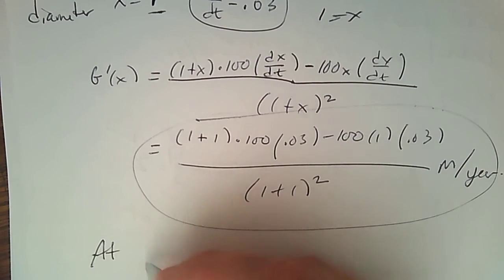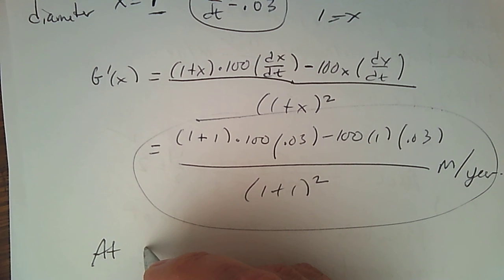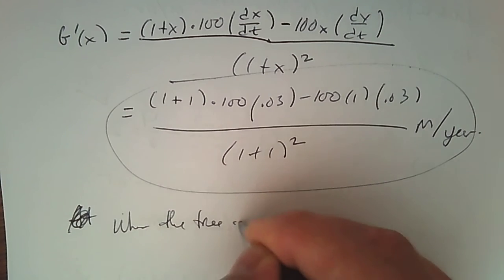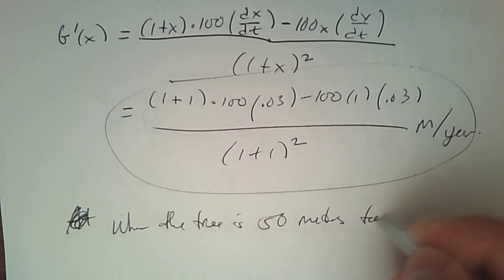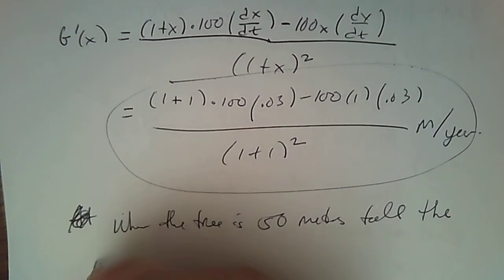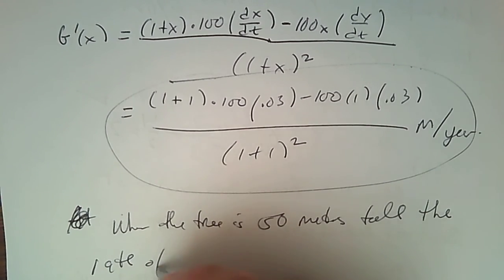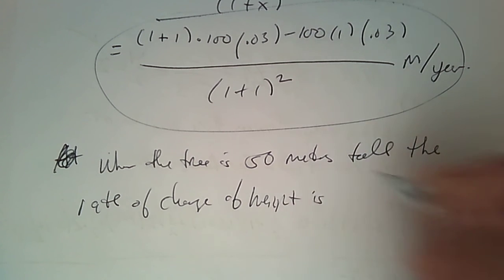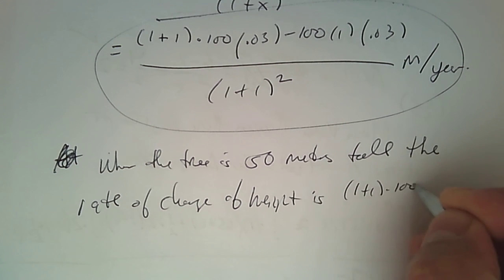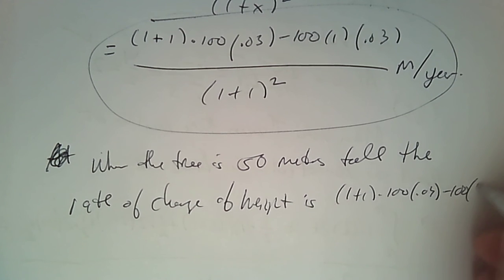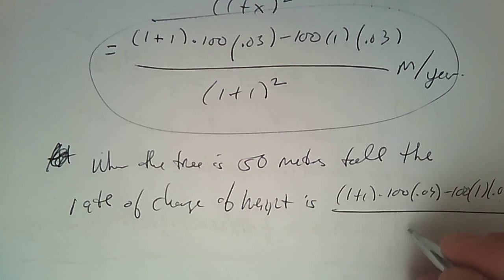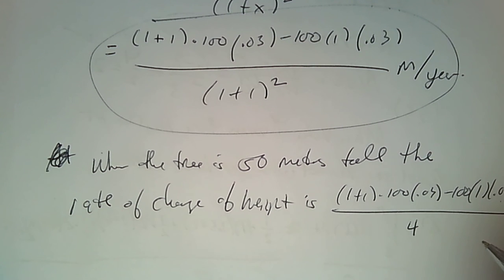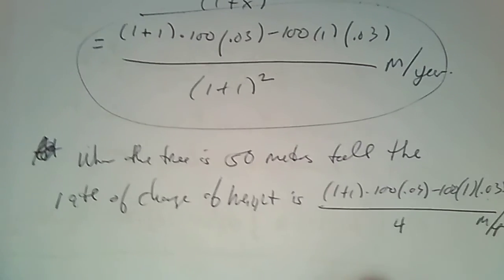So this is actually when the tree is 50 meters tall, the rate of change of height is, and then you could just write that all in, 1 plus 1 is 2, 2 squared is 4, and that is meters per year. And that's the change in terms of our rate.